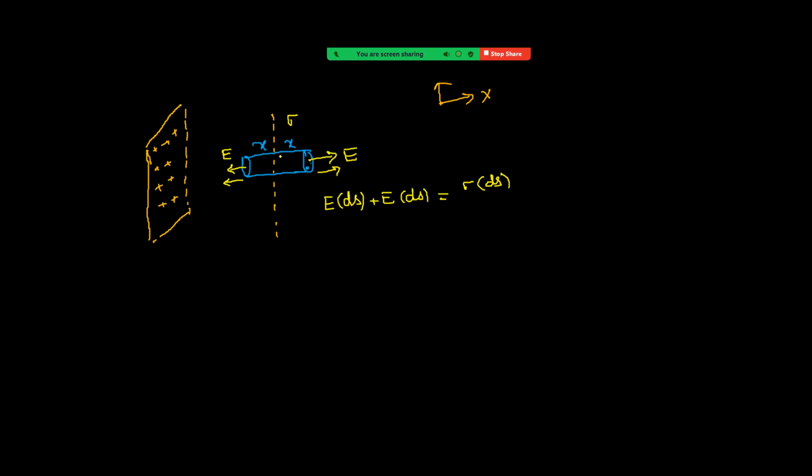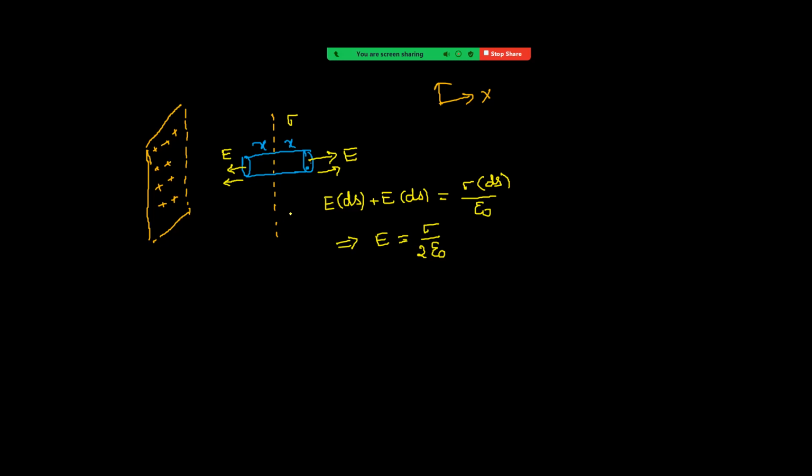It is dS. Therefore, the charge inside is sigma into dS, divided by epsilon naught. Now see what we get from this: E equals sigma by 2 epsilon naught. So this is the field near the infinite plane sheet of charge.